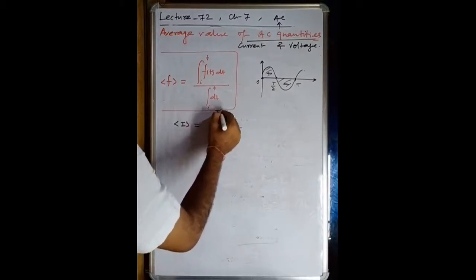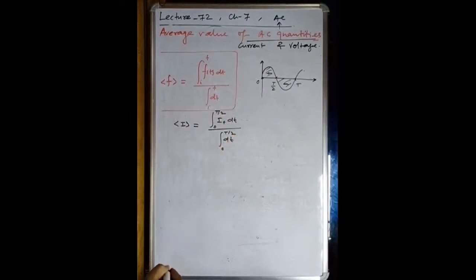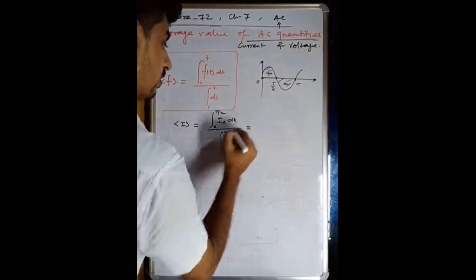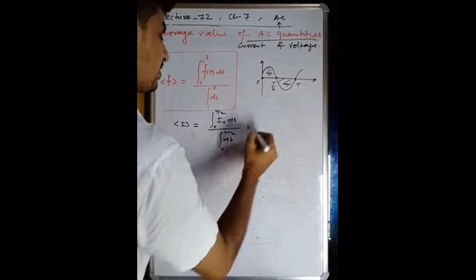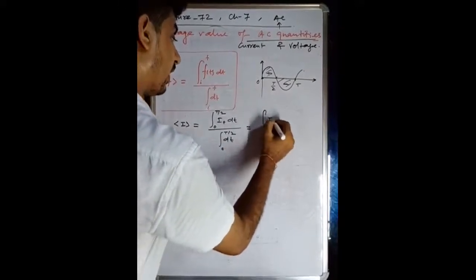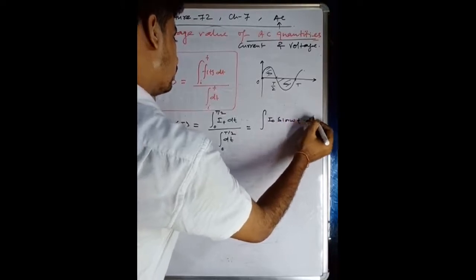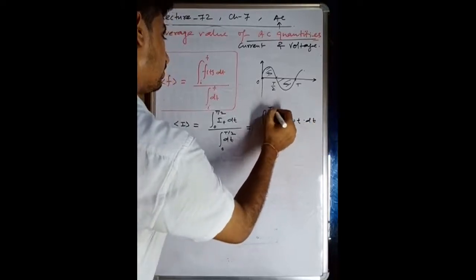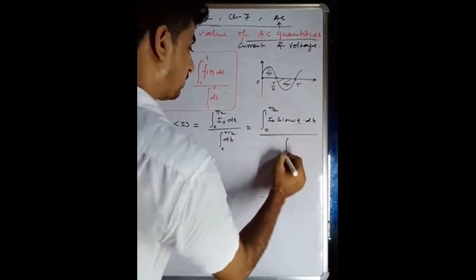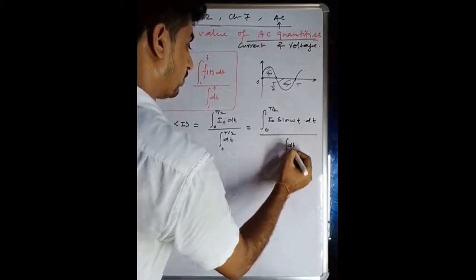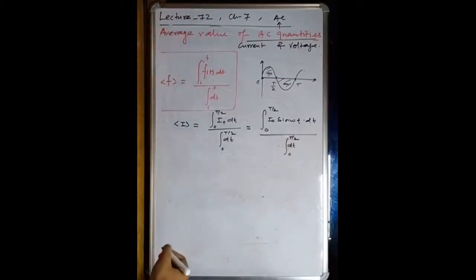Now, my dear students, you have to put the values here. I(t), we know, is I naught sine omega t, into dt from 0 to T by 2, divided by the integral of dt from 0 to T by 2.